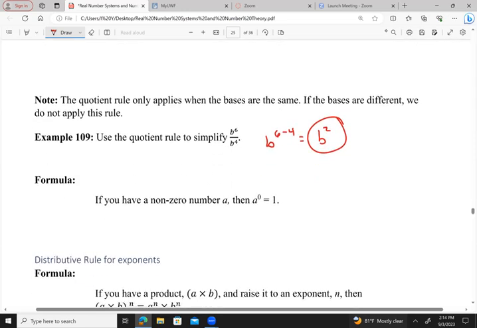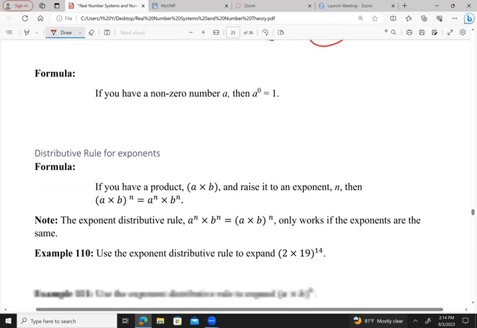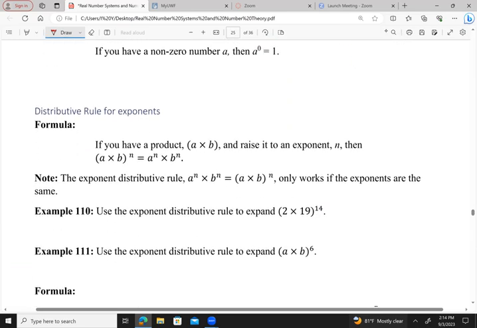Okay, another thing to remember is if you have a non-zero number a, then a to the 0 power equals 1. So anything to the 0 power is 1. Well, anything but 0. If you have a product, a times b, and raise it to an exponent n, then a times b to the n is equal to a to the n times b to the n.